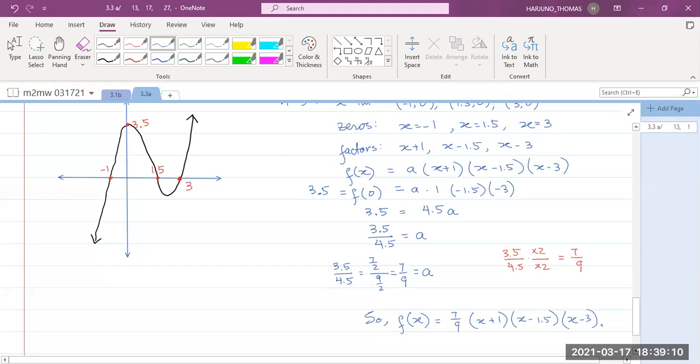It may be beneficial if you see 3.5, you make it 7 halves, and when you see 1.5, you make it 3 halves. Then your computation will be a lot better and more accurate.